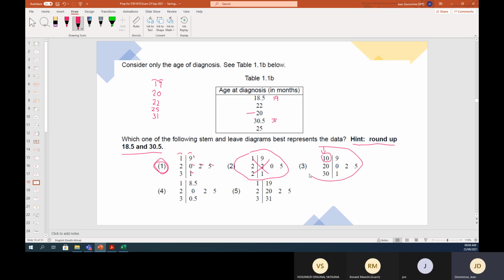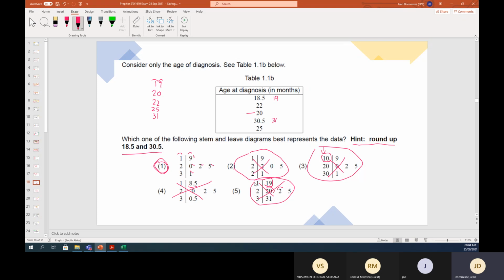So this one is also wrong. This one wasn't rounded up. That's why that one is wrong. And this one is just totally confusing because where you have a 19, a 20, then you suddenly have a 2 and the 5 and the 31. So that one is also wrong.